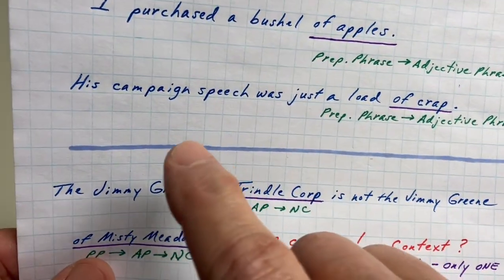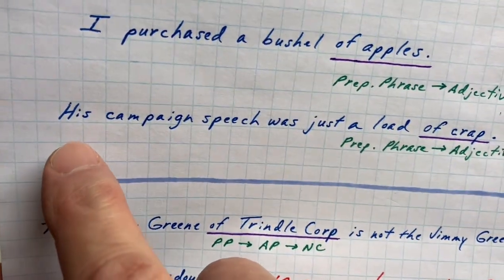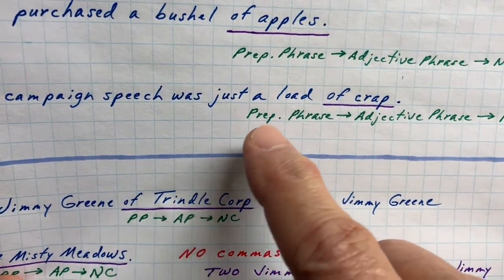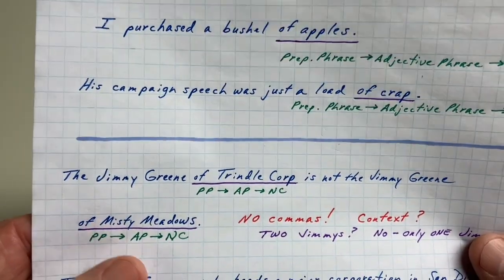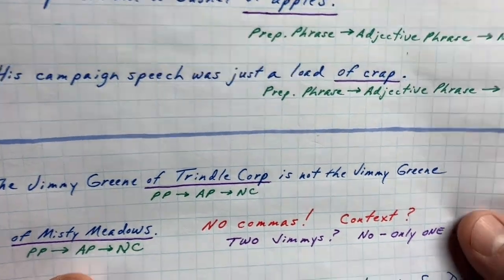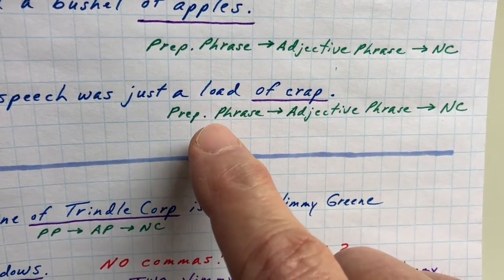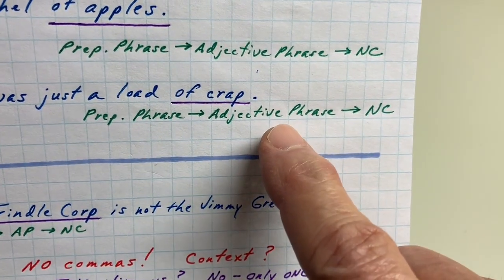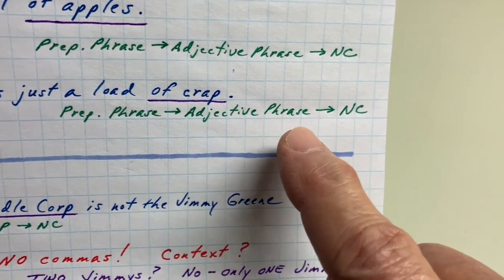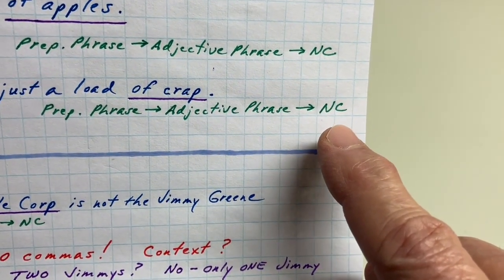So the second example would be, his campaign speech was just a load of crap. So you see, of crap, your prepositional phrase, which might have been called an adjective phrase at one time, but nowadays it's kind of referred to as a noun complement.